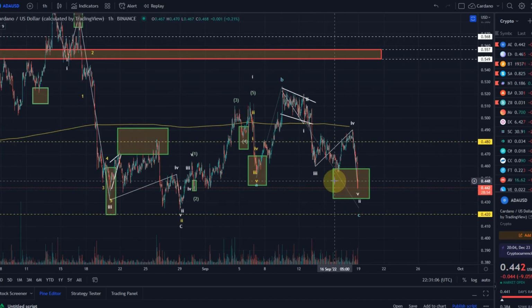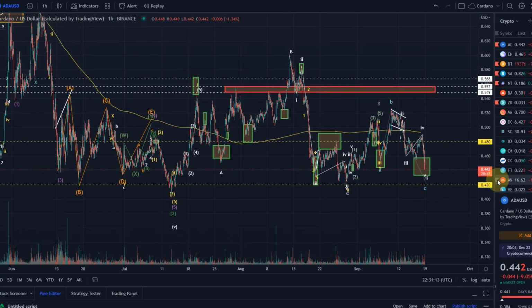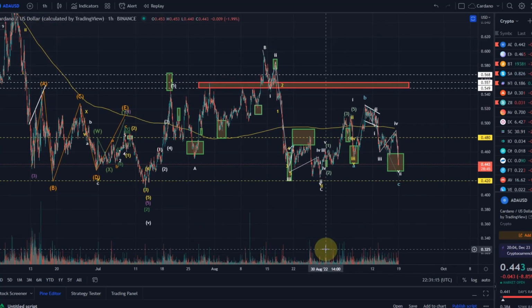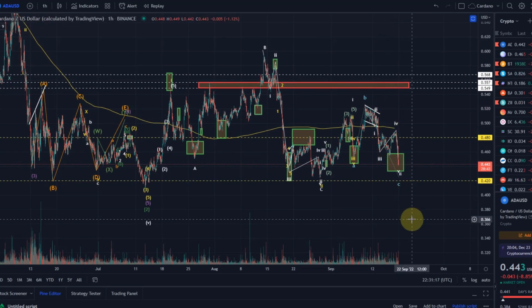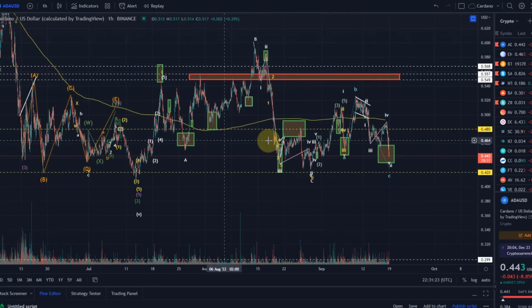So we can give it the benefit of the doubt, but not high confidence anymore. But as I said before, this is a very weak chart, and it would probably be better if ADA makes a new low to clean up this mess that has been going on here since June. It's just not doing anything.